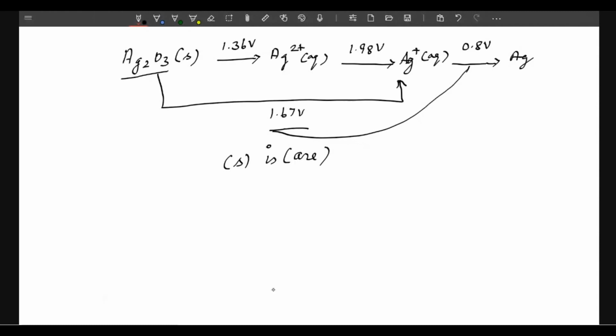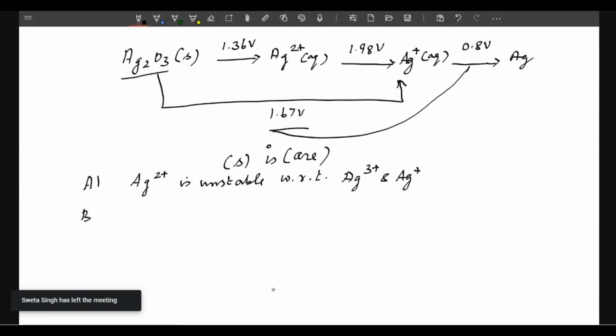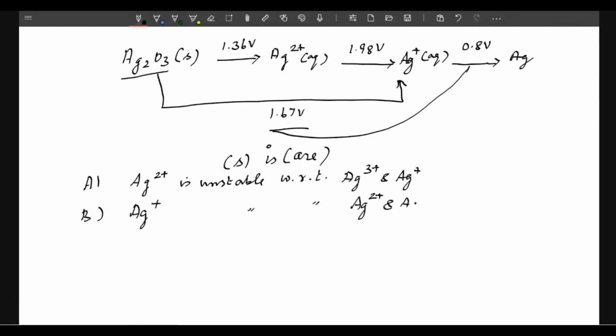A. Ag2 plus is unstable with respect to, that is, it will be converted into Ag3 plus and Ag plus. B. Ag plus is unstable with respect to Ag2 plus and Ag.